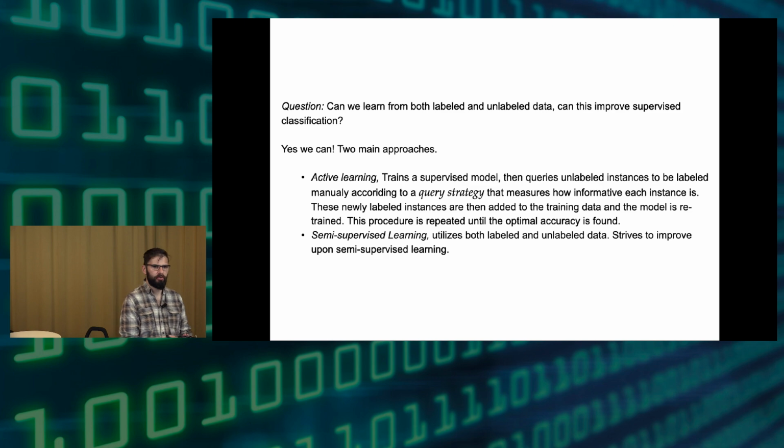So you label that data point and put it in the labeled data set, then you retrain the model, and you repeat this until you reach some stopping criterion, or you get the best accuracy possible, or maybe you stop when you're out of time or workload. So it includes some manual effort as well.